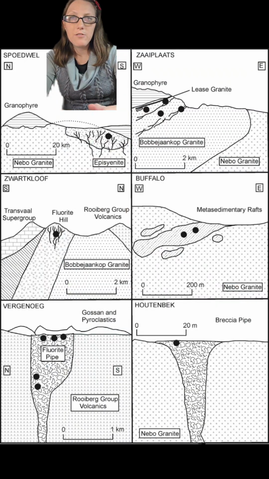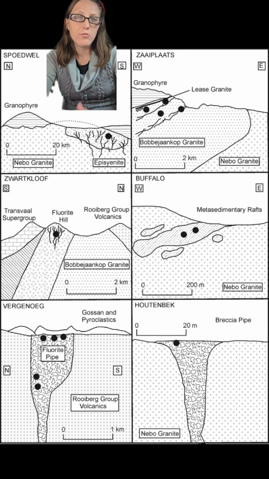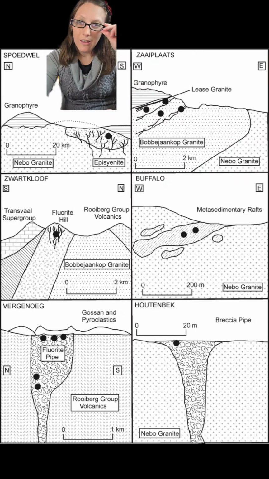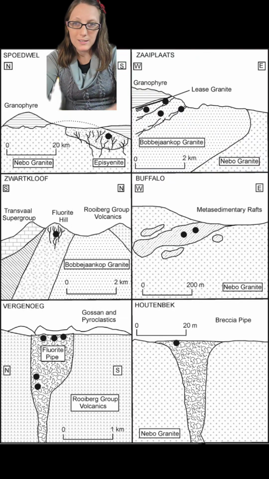Fluorite forms in felsic igneous rocks, typically through hydrothermal activity. It is particularly common in granitic pegmatites. This is from a paper that just kind of shows a bunch of different ways that fluorite can form.